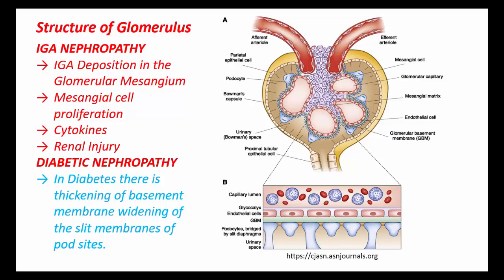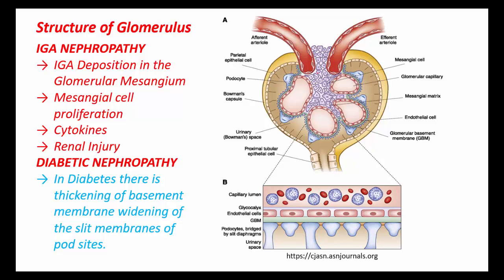So when the structure is damaged, the cells that were normally not allowed to pass will pass through the structure and appear in the urine. What happens here when there is an inflammatory reaction? It also causes mesangial cell proliferation, and cytokines are there and they cause renal injury.